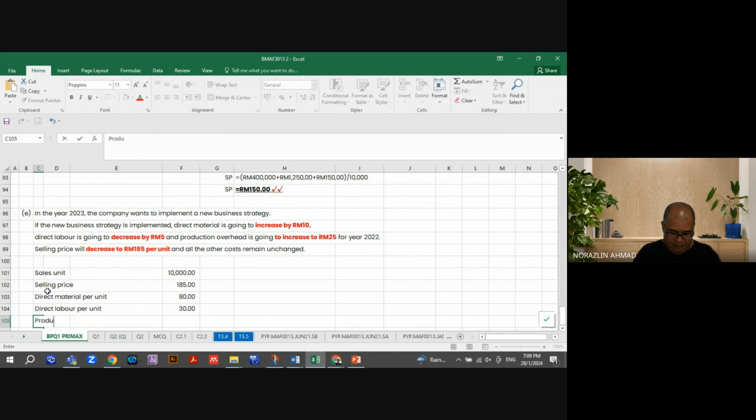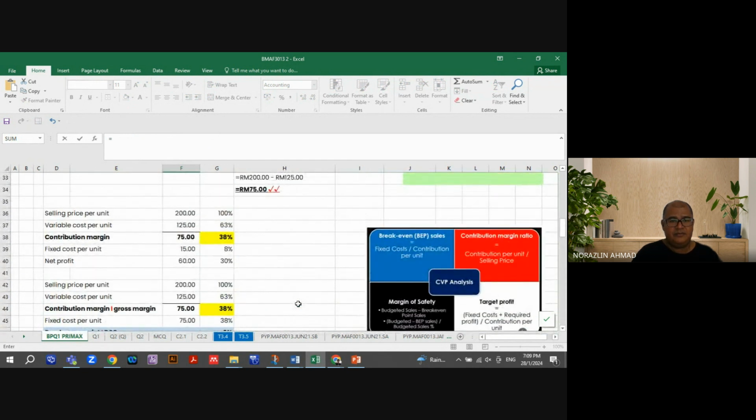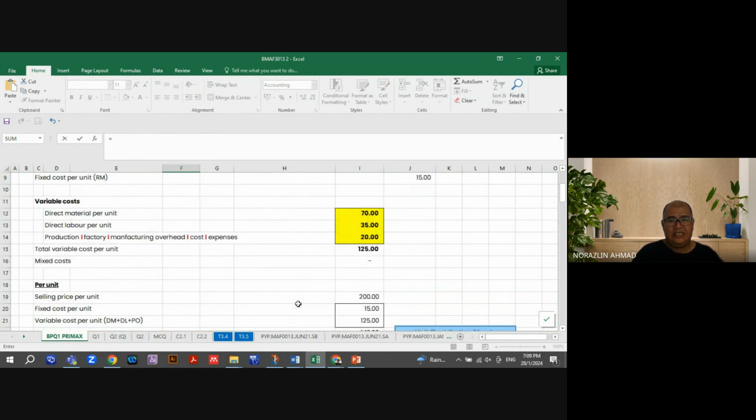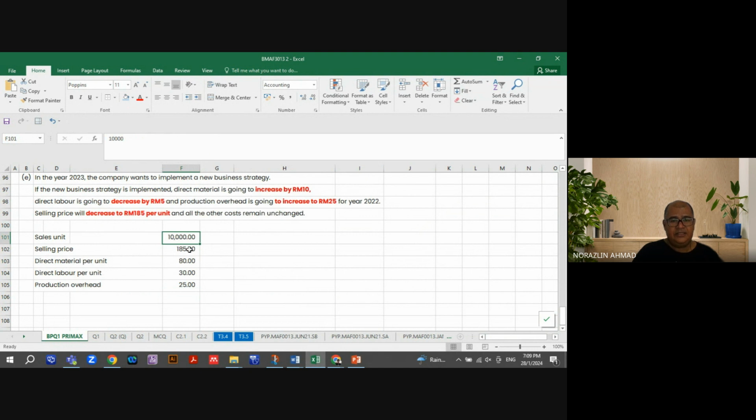And production overhead increase. Before this is how much? 20. Now increase to 25. 10,000, 80, 30, 25.